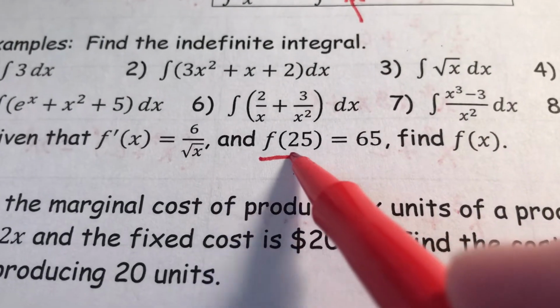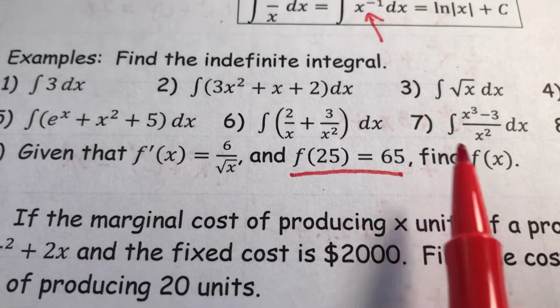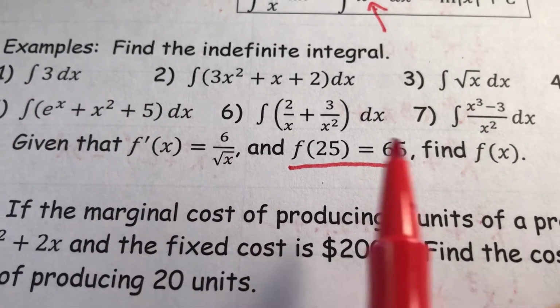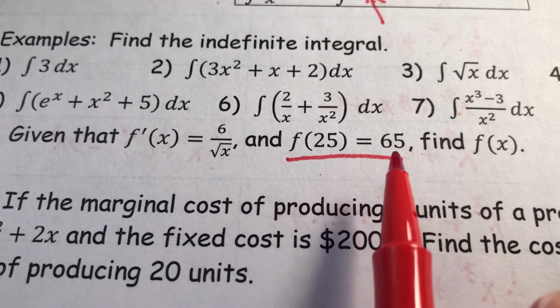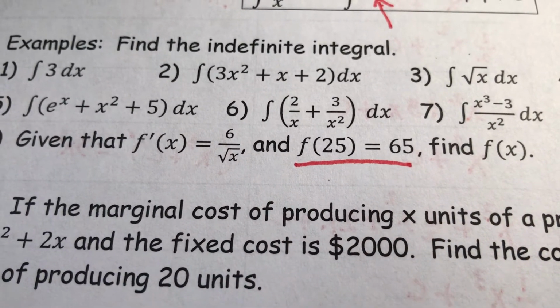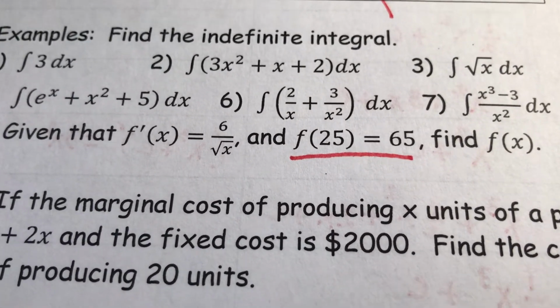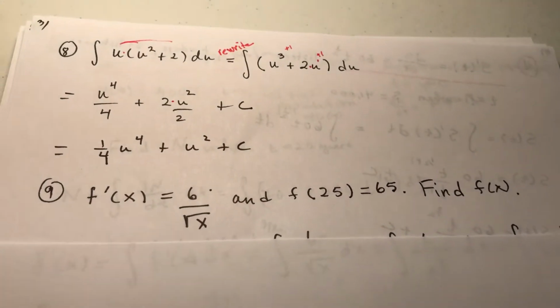Whenever you're given this information next to finding f of x, now we have the derivative, we want the antiderivative, we want to go backwards in the process that we've been doing all semester. This information is going to help you find the constant c. Always remember that. So I wrote this down just from the worksheet.